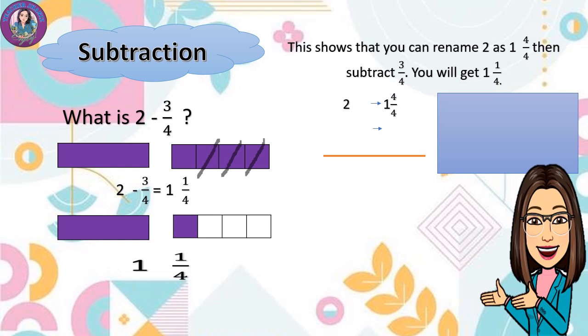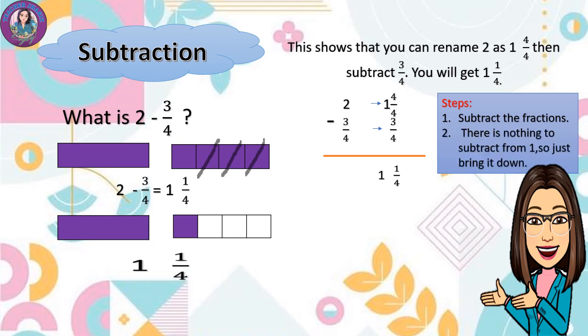Here's the solution. We rename 2 to 1 and 4/4, minus 3/4. Steps. Subtract the fractions. So 4 minus 3 equals 1. Copy the same denominator.